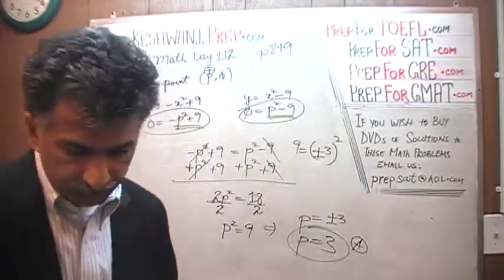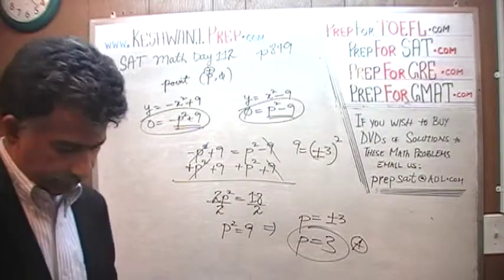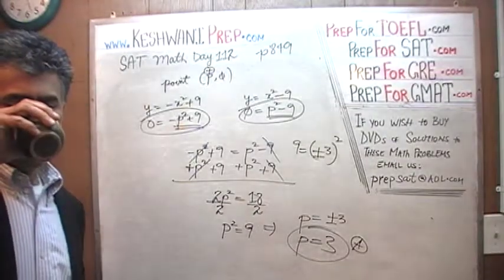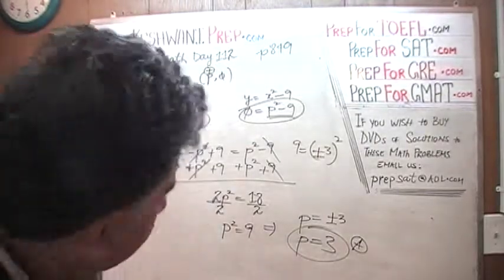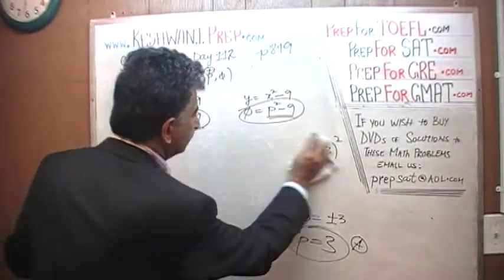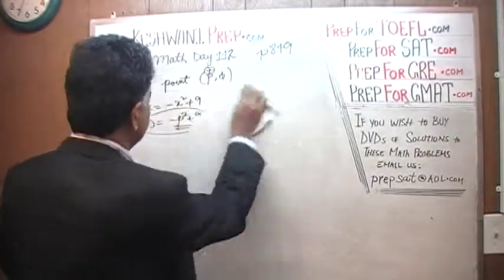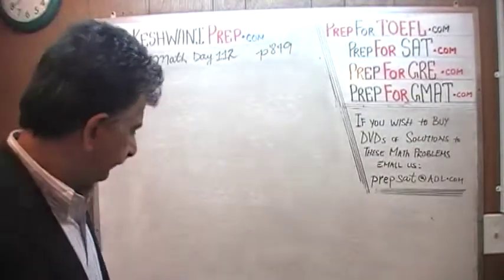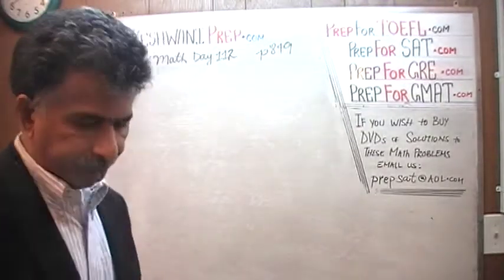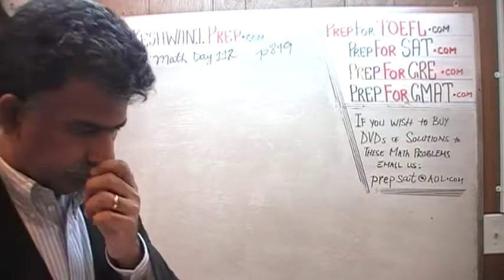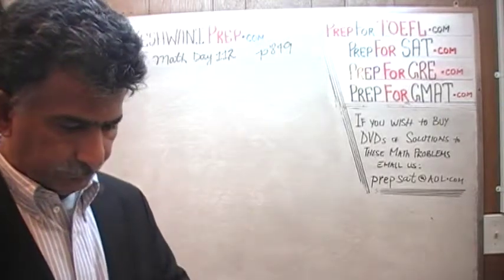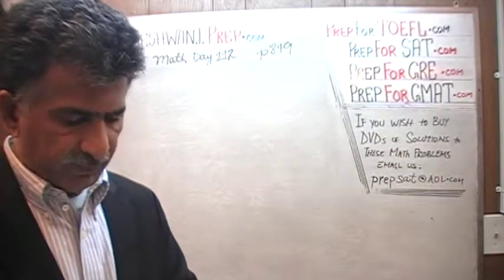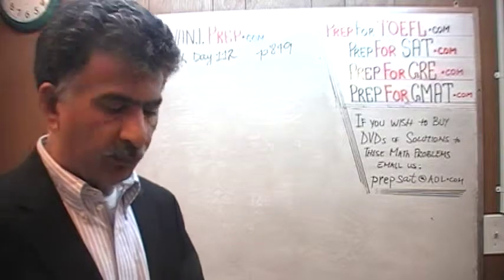Let's do the next one. Number 10. The Smith Metal Company's old machine makes 300 bolts per hour.